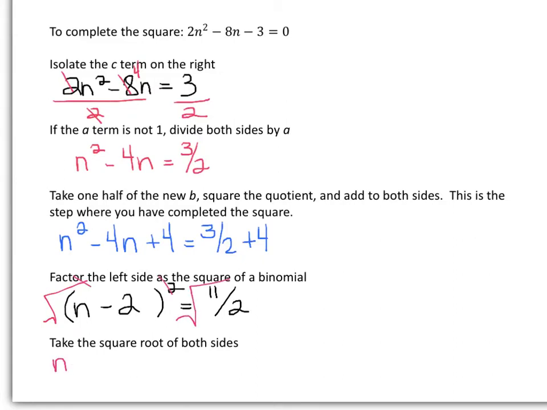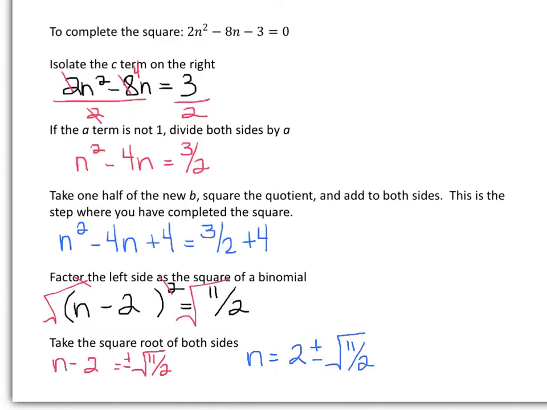We get n minus 2 is equal to the square root of 11/2. Remember that it is plus or minus. And then we complete by solving for n, add 2 to both sides. So we get that n is equal to 2 plus or minus the square root of 11/2.